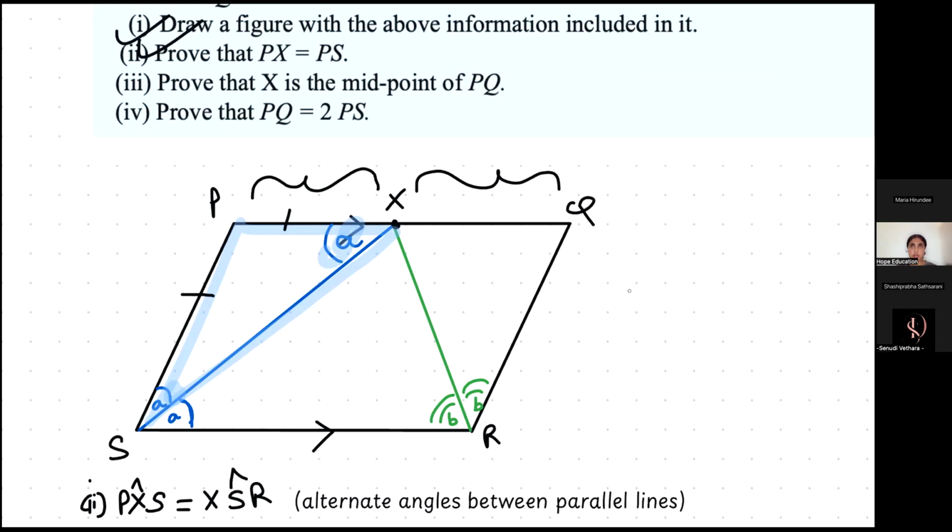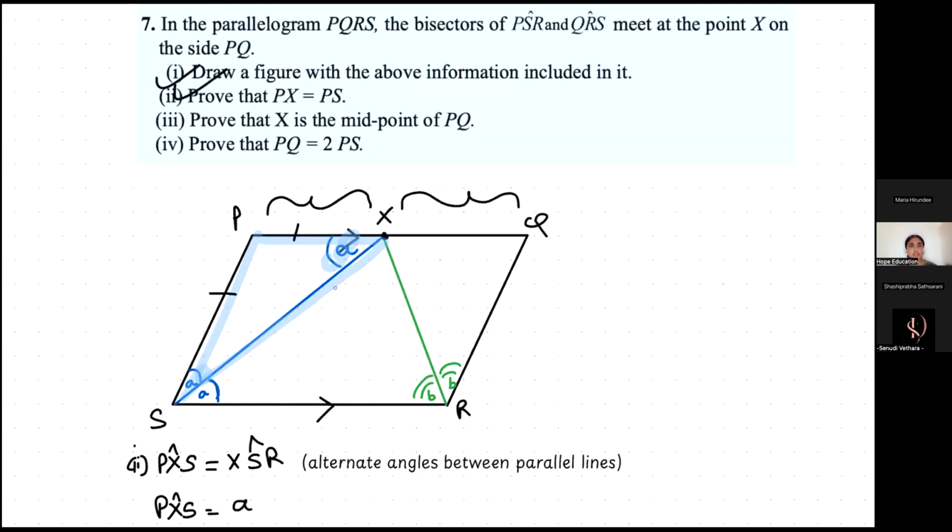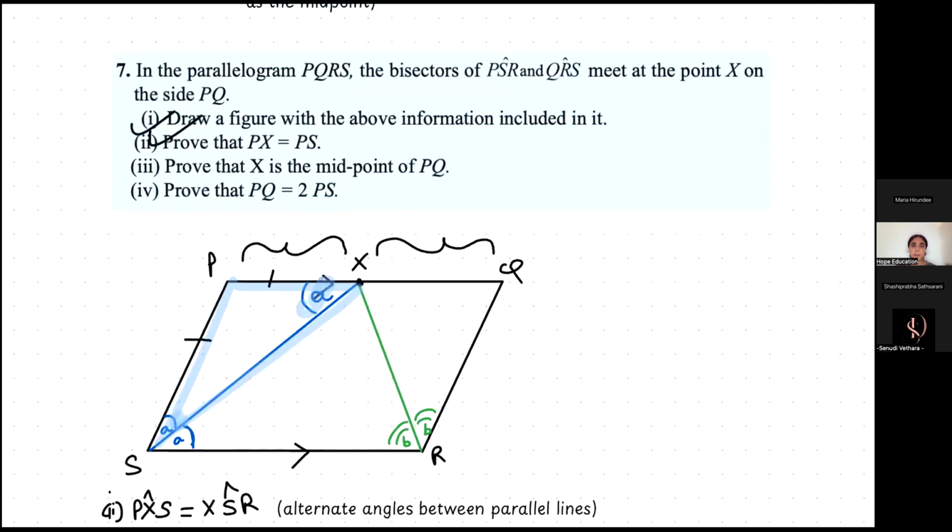Yeah. A plus 2B is 180, 90. A plus B is 90. So this is also 90. So we can get that this is 90. For this, I think we don't have enough information. In the parallelogram PQRS, bisectors of PSR and QRS meet at point X.